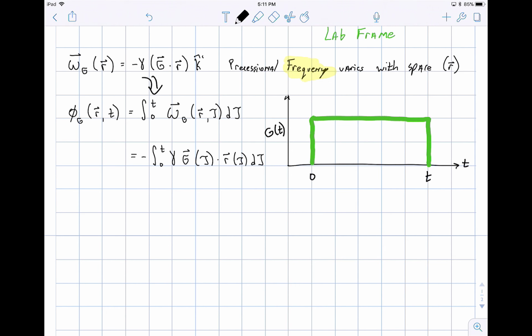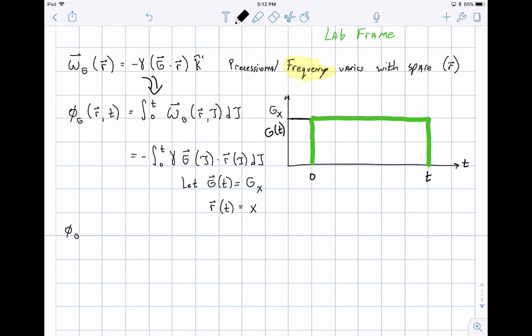In a simple case, we could let our gradient function just be some particular amplitude gx that is on for some duration t, and our spin position, which could in principle be moving around as a function of time, we'll just let be some x position we care about. So if we take the integral where gx is constant and our position is constant, this gets a little bit simpler.